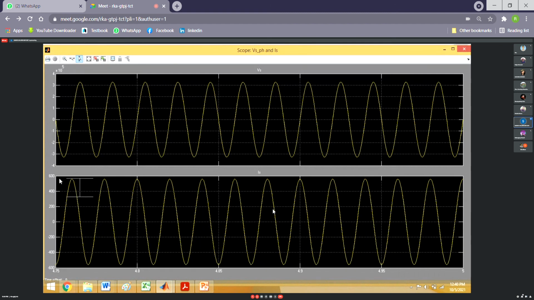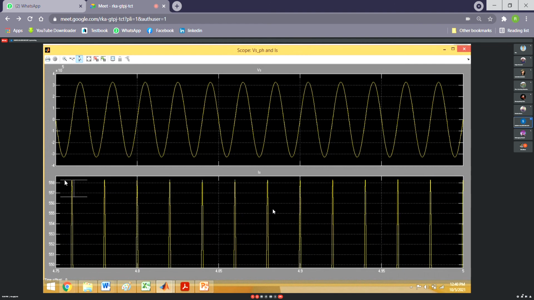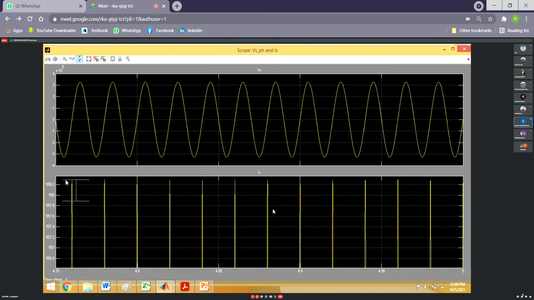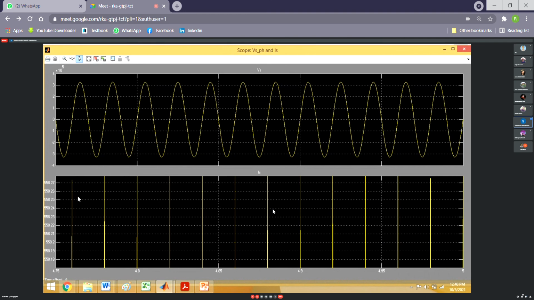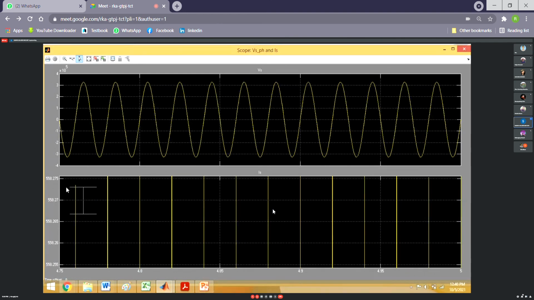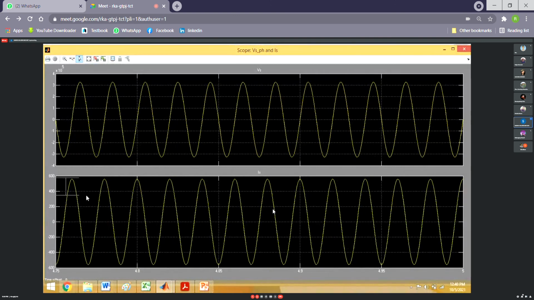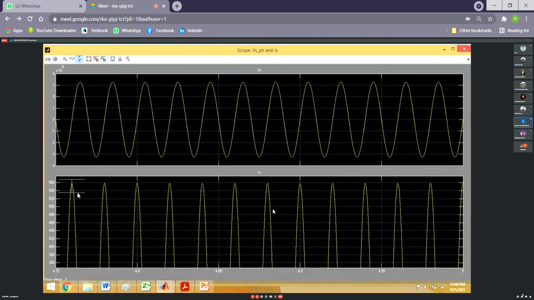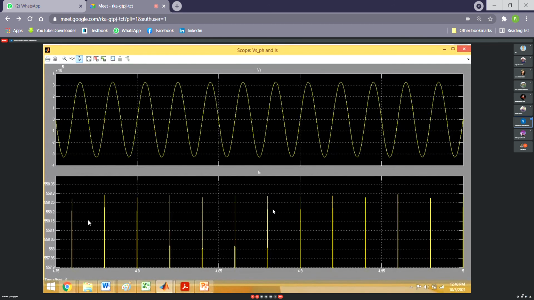Now what is the current? Current is low because there is no load at the receiving end. It is more or less 558.25 ampere.